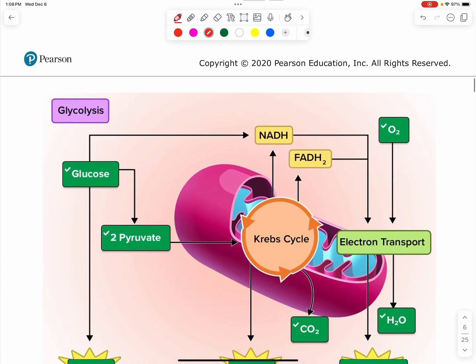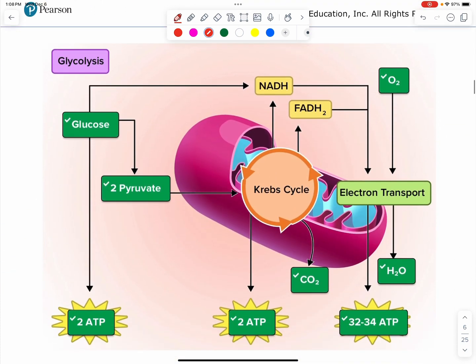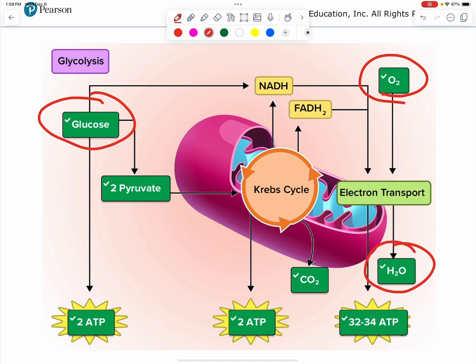So now, how do we get at those things? So we saw glucose, and we saw oxygen, and water, and carbon dioxide, and energy. So we're going to go through 3 steps. They're all labeled right here. So let me clear this up.